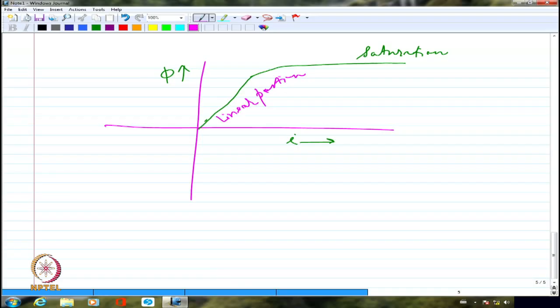Let us try to again take a look at what we wrote in the last class. We can write L di by dt equal to N d phi by dt. So I can simply write L equal to N multiplied by d phi by di. Right? So if the flux and current are directly proportional to each other, which is the linear portion, I would have almost the inductance to be a constant.